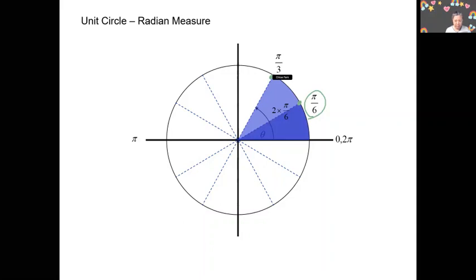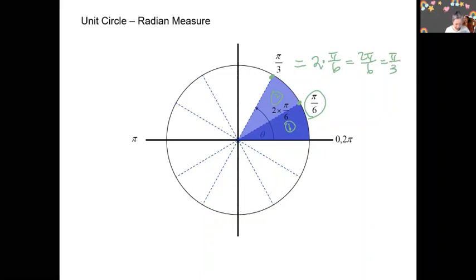But why all of a sudden pi over 3? Pi over 3 was measured like this. We have 2 times pi over 6. 1, 2, right? Then this is 2 pi over 6. And if I simplify, pi over 3.